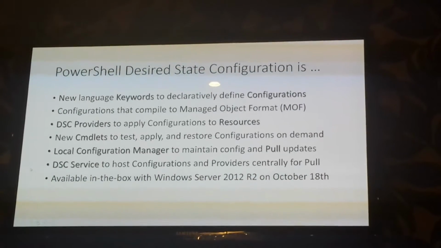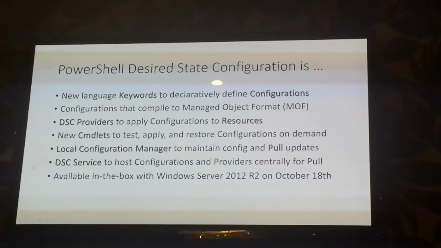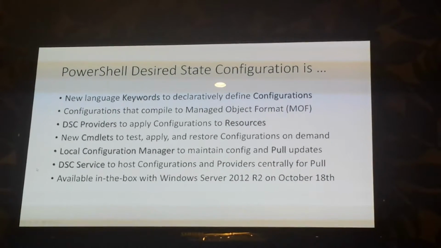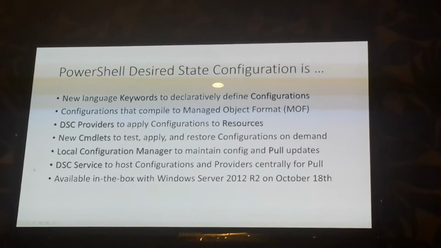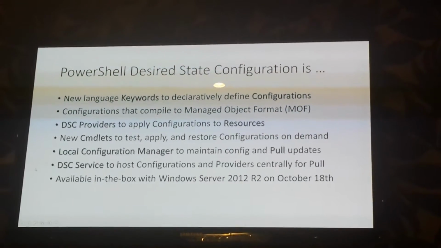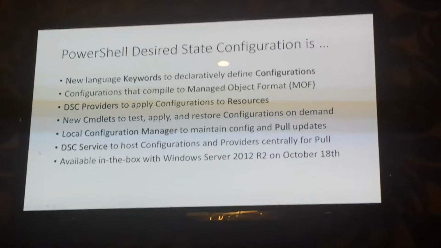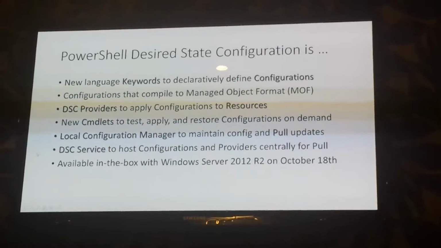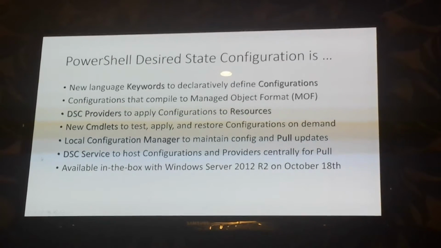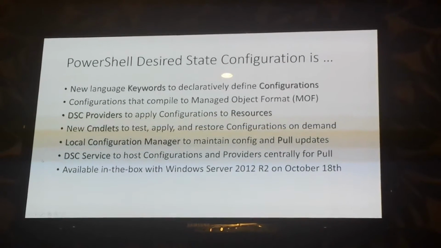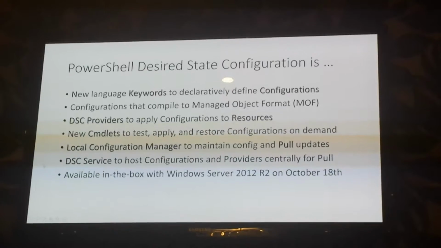Those MOF files are then referred to DSC providers or resources, so you can apply configurations to different aspects of your system you want to manage. A set of new commandlets in a desired state configuration module, which enables you to execute these configurations and test them, and the sorts of things you want to do.